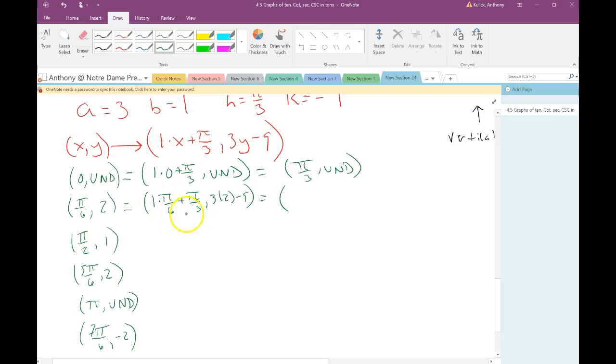So pi over 6 plus pi over 3 is 3 pi over 6, or just pi over 2. And then 6 minus 9 is -3. I shortcutted through some steps there, but it was just arithmetic. Everybody okay with me shortcutting the arithmetic there?